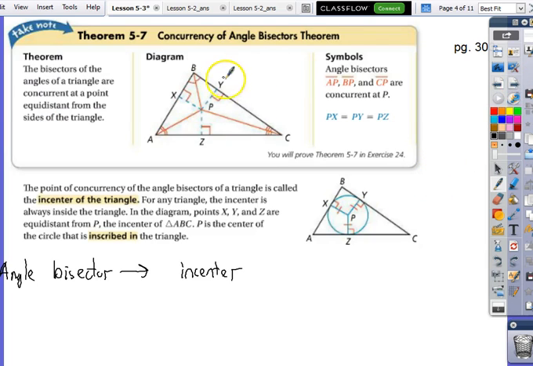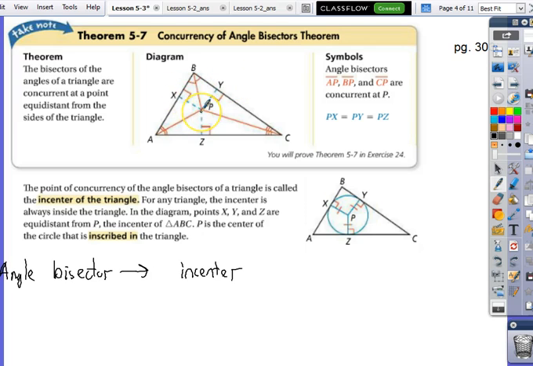The other point of concurrency we're going to talk about is now, instead of doing the perpendicular bisectors, we're going to do the angle bisectors. If I look at all the different angle bisectors of a triangle, I will find another point of concurrency. That concurrency is the concurrency of the angle bisectors theorem, and it says that when you find that point, it is equidistant from the sides of the triangle.